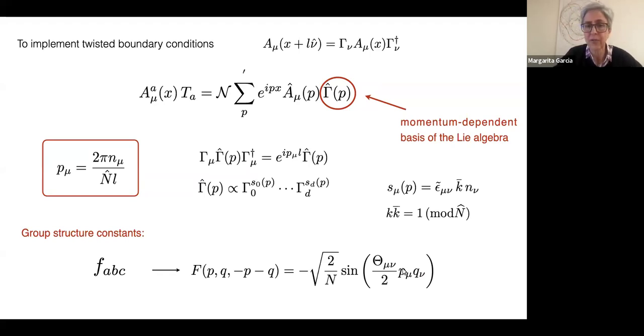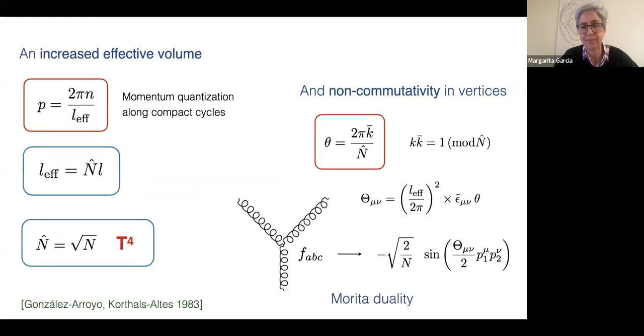So using this Fourier transformation, the two things that one can derive from this transformation is the fact that there is an increased effective volume, at least in perturbation theory, parameterized in this way. So all the momenta that are quantized along the compact cycles that have twisted boundary conditions go with this effective volume that is defined in this way.